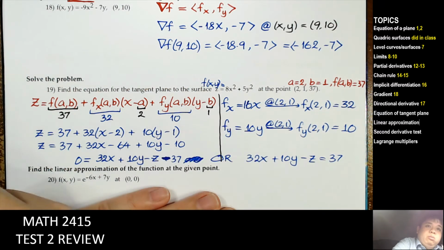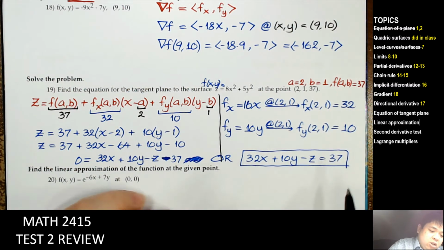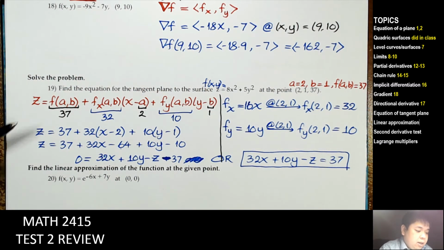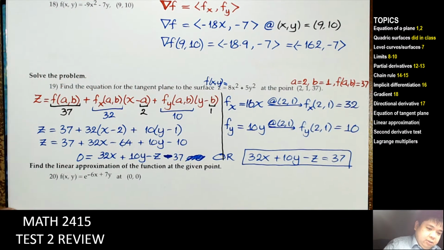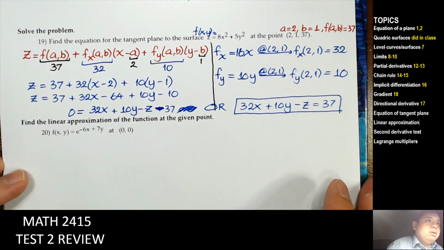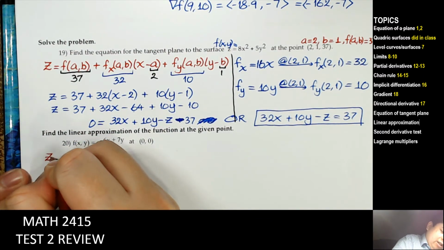Negative 37 moves to the other side and becomes positive. So that is the equation of the tangent plane. The linear approximation will be pretty much the same formula. I'm going to write that out again.